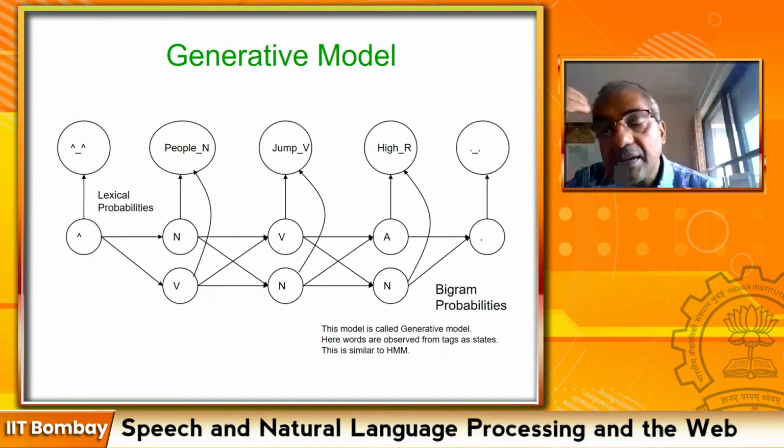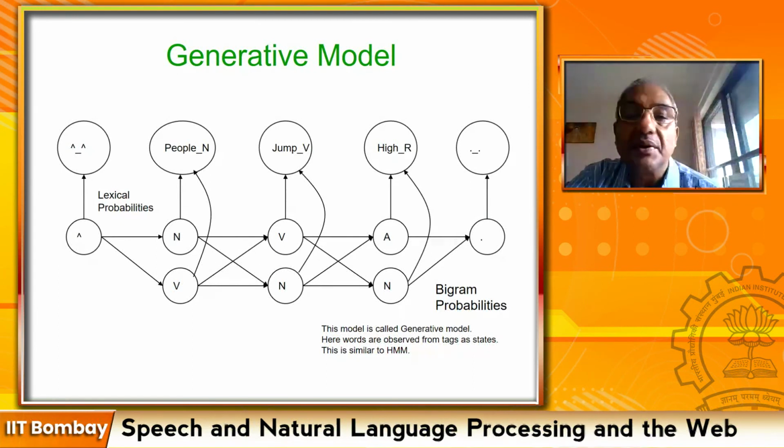POS tagging for code mixing is a very important challenge in the current world today, and you can read papers by Noah Smith, who has created a part-of-speech tagger for noisy text, and there are papers on code-mixed POS tagging, and I'll refer to some of them.